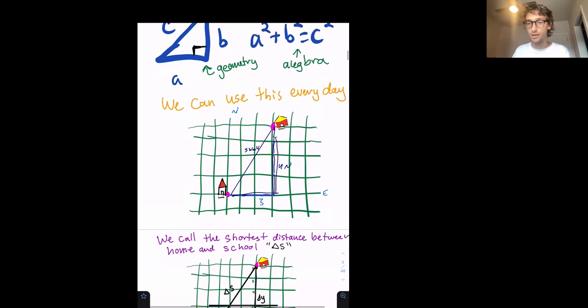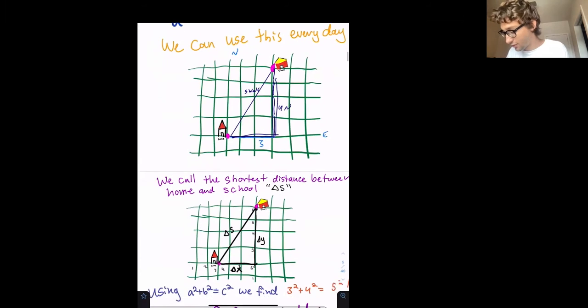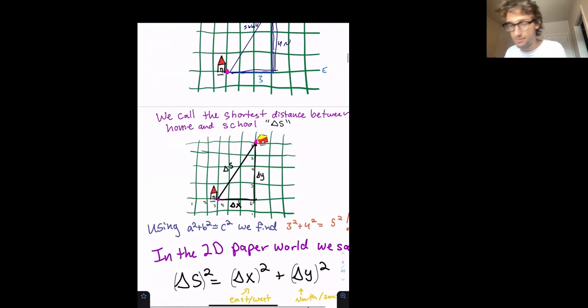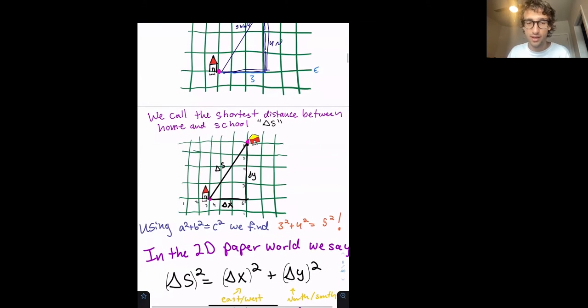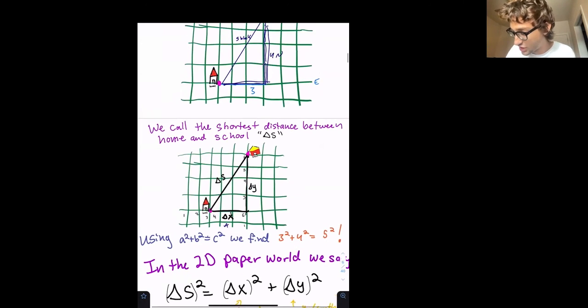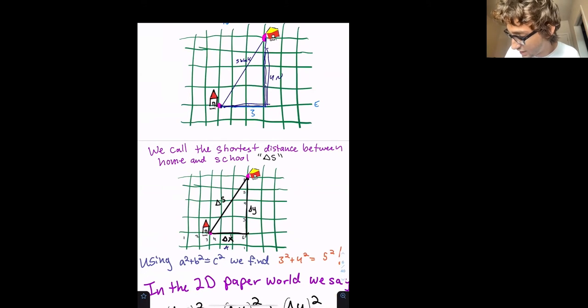Okay, so I'm just going to introduce some notation, because this is what you'll see if you decide to study physics more. Instead of saying east, we call the east-west direction x. So we say change in x, where delta just means change.